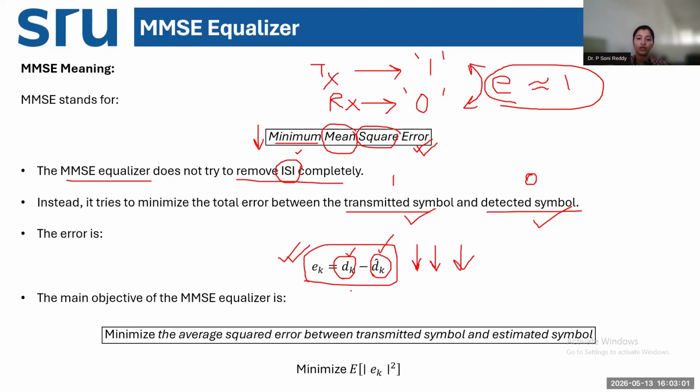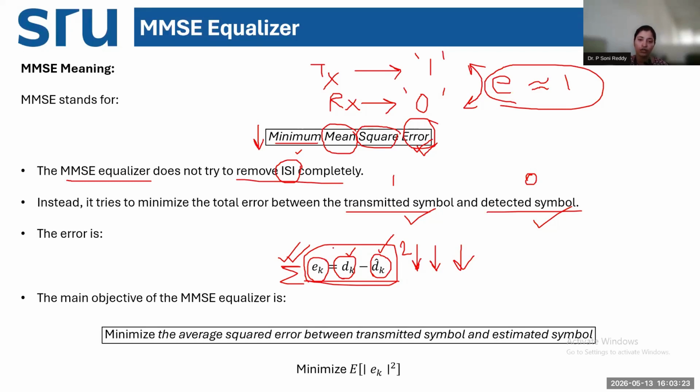So here, we are not just focusing on the error factor, we are focusing on taking the square of this and calculating the mean of this. So you will find the average of this, take the square of this error, and minimize this as much as possible. So when I'm minimizing this error here, what am I focusing on?